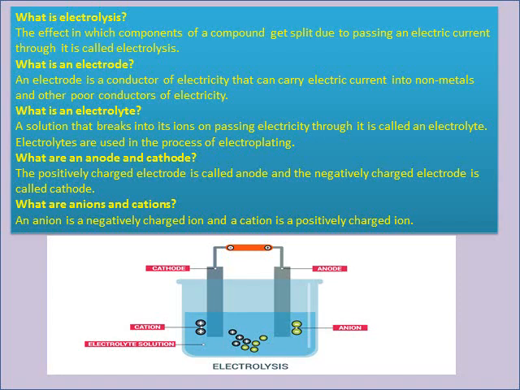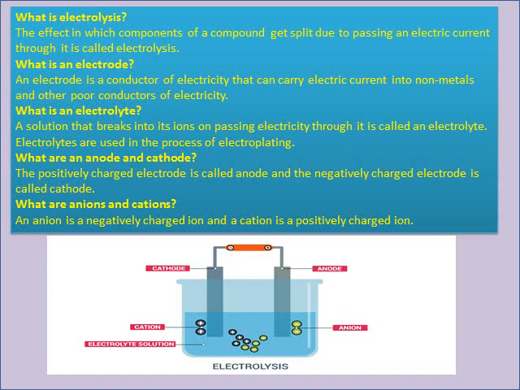A solution that breaks into ions on passing electricity through it is called an electrolyte. Electrolytes are used in the process of electroplating. What are anode and cathode? The positively charged electrode is called anode and the negatively charged electrode is called cathode. What are anions and cations?